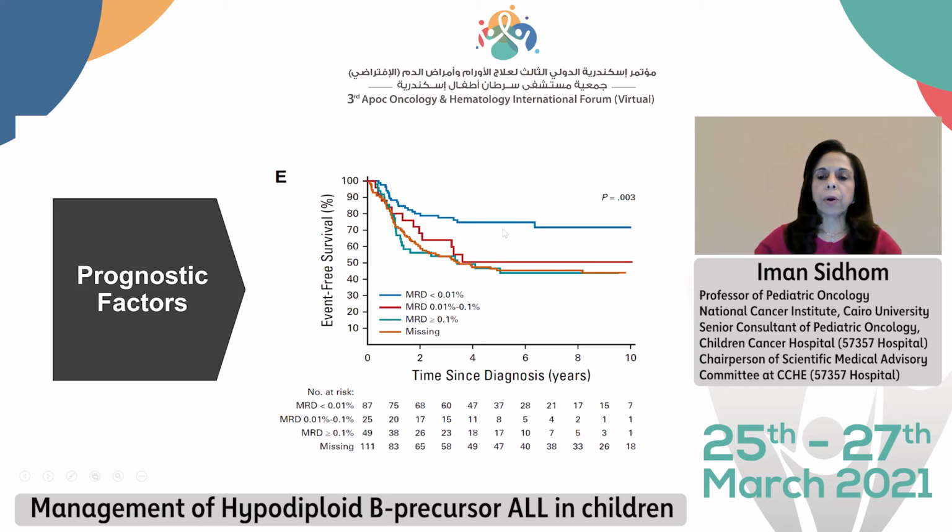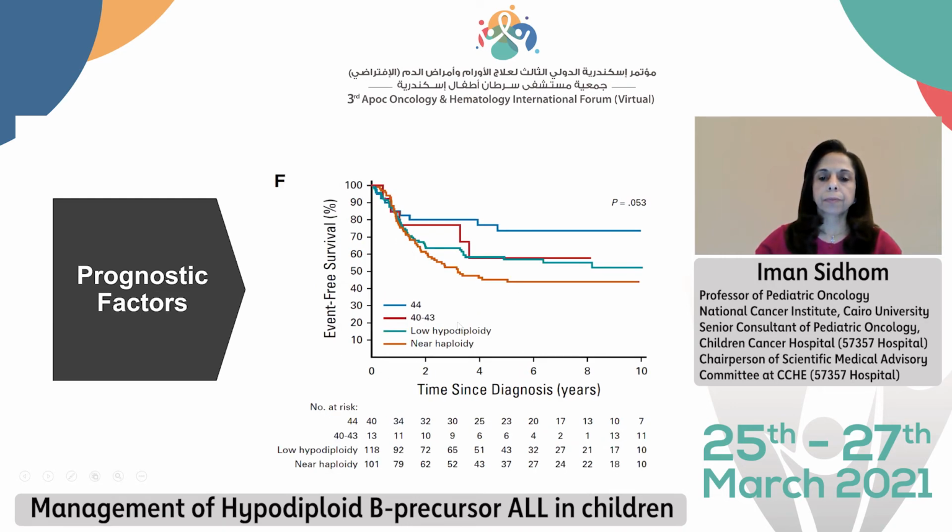Patients with negative MRD at end of induction showed significantly better event-free survival than patients with positive MRD at any level. Hypodiploid ALL with 44 chromosomes had better event-free survival compared with the other hypodiploid subtypes.